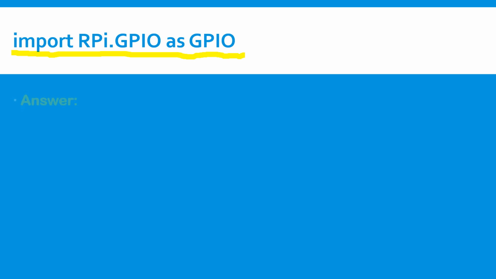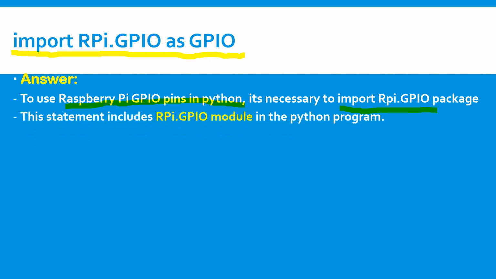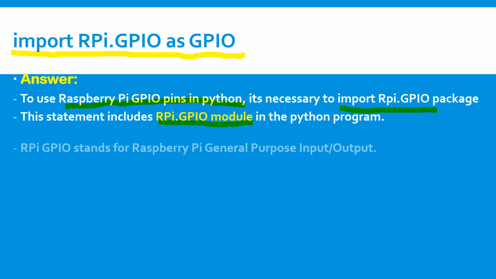So to use Raspberry Pi GPIO pins in Python, it is necessary to import this package, and therefore we are using import RPi.GPIO. This statement includes the RPi.GPIO module in your Python program.